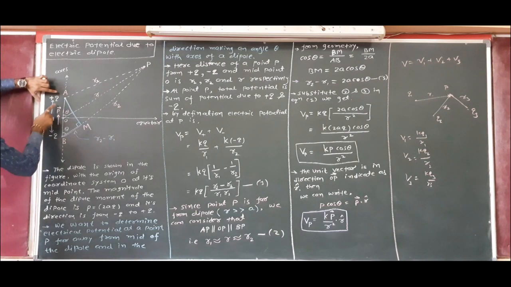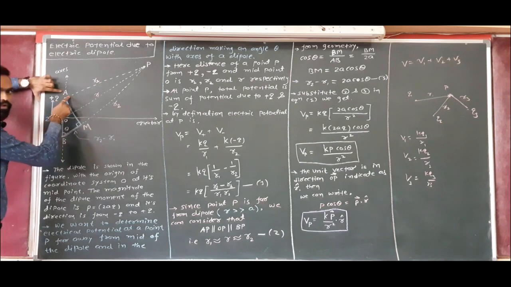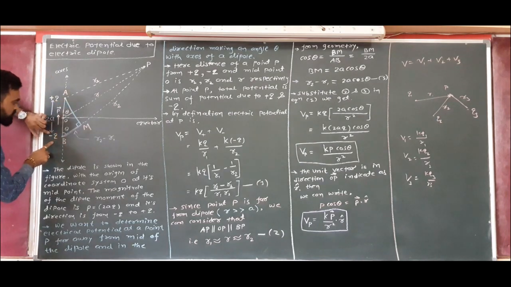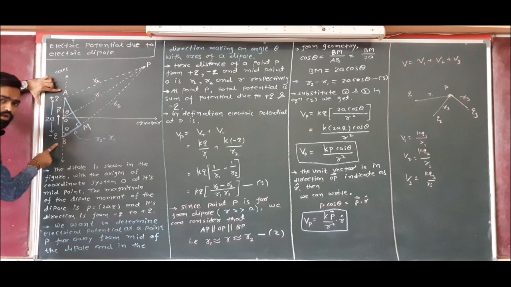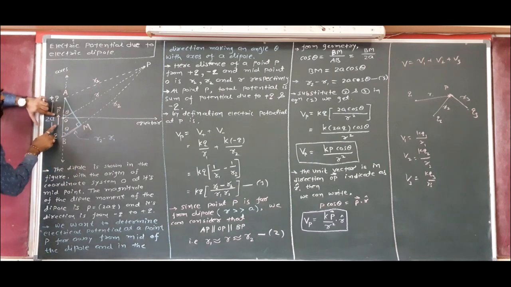I fix plus Q at a point A and minus Q at a point B. So the distance between A and B is 2a. Since you know the electric dipole moment is always from negative to positive, it is indicated over here.